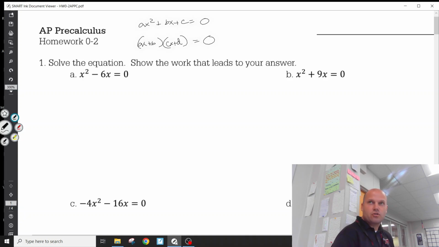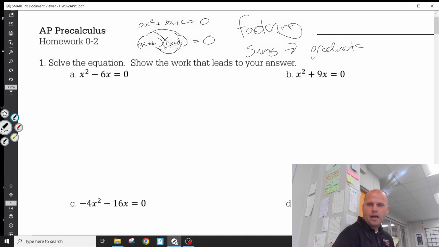To undistribute, we need to unmultiply. We almost need to divide. We need to what is called factor. So factoring is the key that turns sums into products. And there's techniques to factor, techniques to undo distribution.